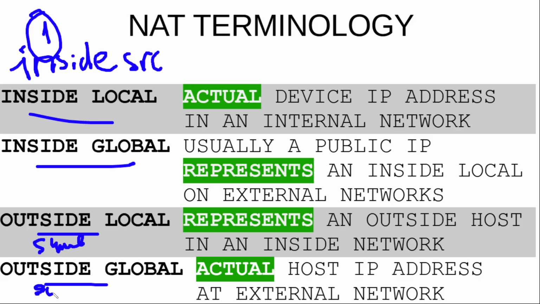They will be untouched, and you are just going to translate the inside global and inside local. The inside local will be your actual device IP address in an internal network, for instance a private IP address. And your inside global will usually be a public IP address that represents your user IP address in the internet.